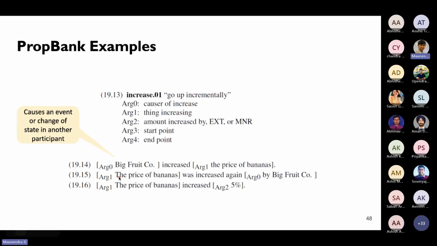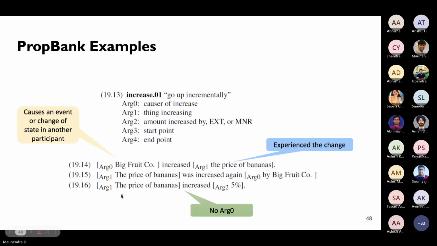So here, big fruit company increased the price of bananas. So who changed? Big fruit company. It causes an event to change, so it's arg0. The one which experienced the change is arg1. And the price of bananas increased in this one. So here we do not have any arg0. Now the question is, if you are given any such sentence, you have to identify what is arg0 or the proto agent, what is arg1, the proto patient.